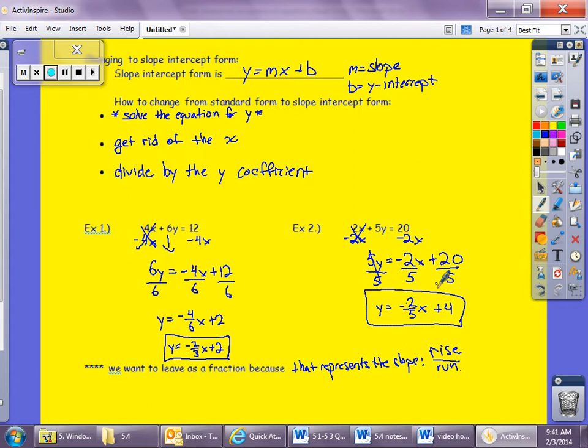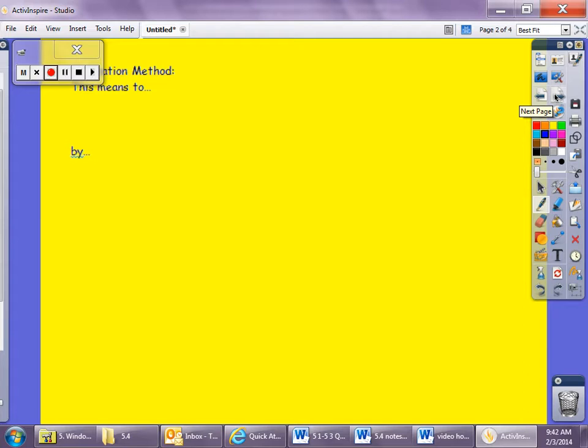Well, the next thing we get to is the elimination method. What does the elimination method mean? When we hear elimination method, it means to eliminate. So we want to eliminate one of our variables. Well, how?